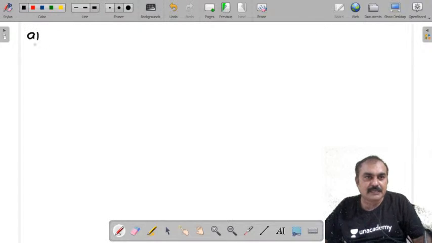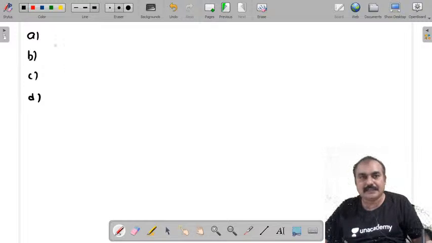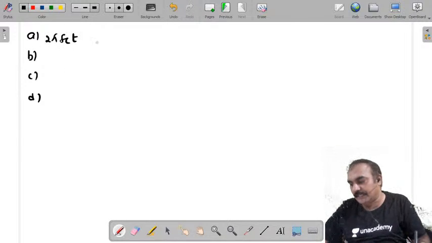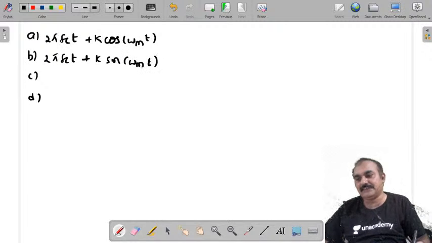The first option is A: 2 pi into Fc into t plus k into cos of omega m into t. Next, 2 pi into Fc into t plus k into sin omega m into t. He has given this one.